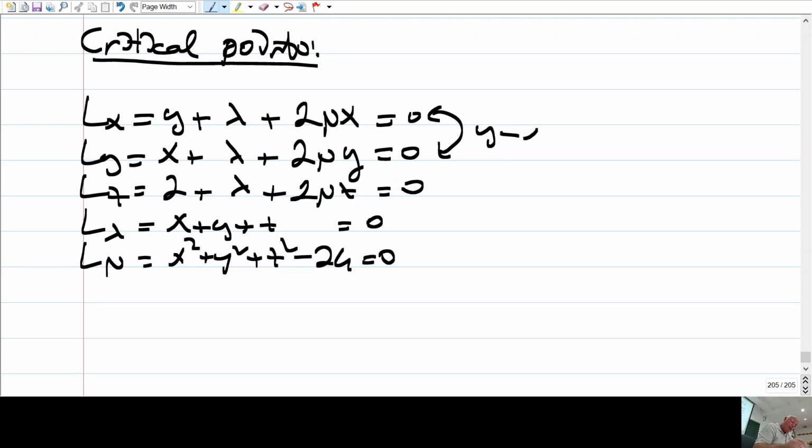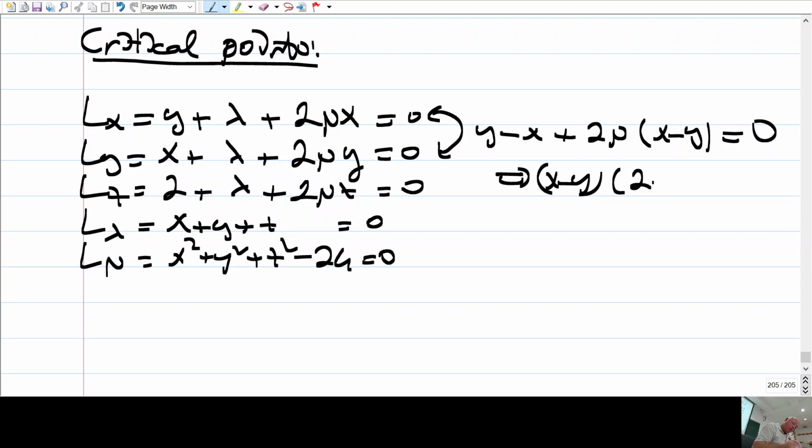So we get y minus x. Lambdas are gone, and then I have plus 2 times mu, and here x minus y equals 0. And from this we get x minus y times 2 mu minus 1 equals 0.